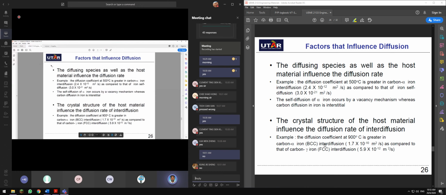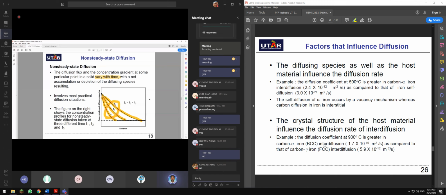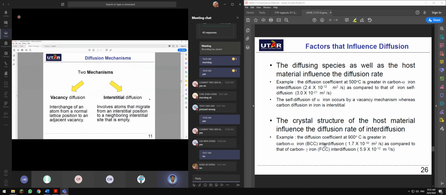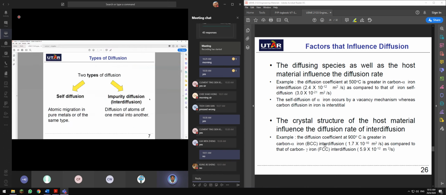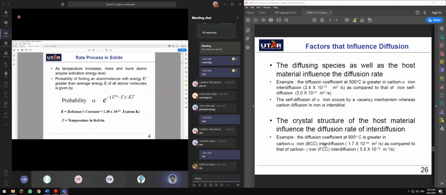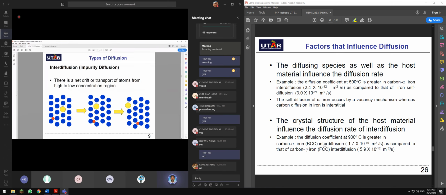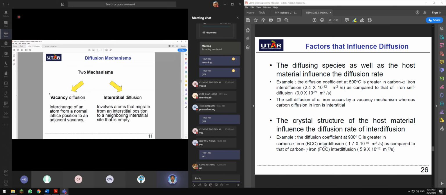Now, the diffusing species as well as the host material influence the diffusion rate. Remember, guys, the vacancies and also interstitial from the early part of the lecture: vacancy diffusion and interstitial diffusion.